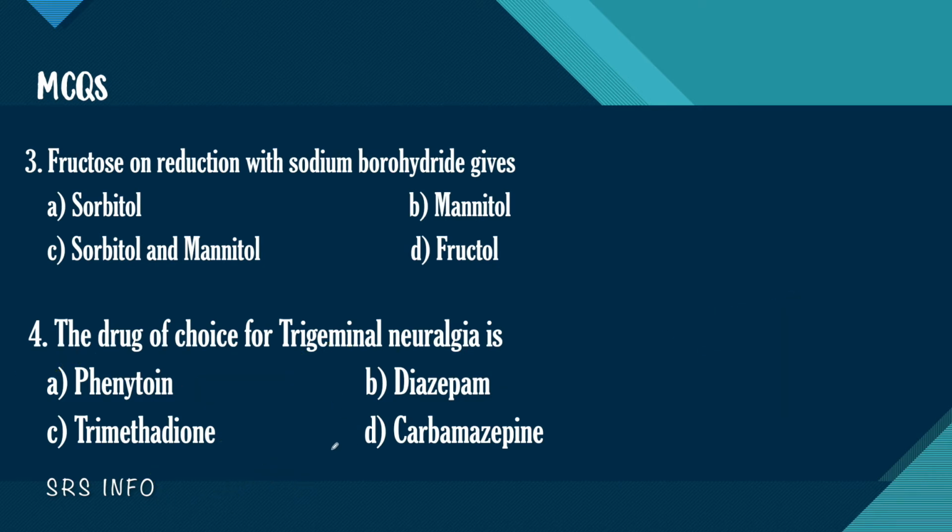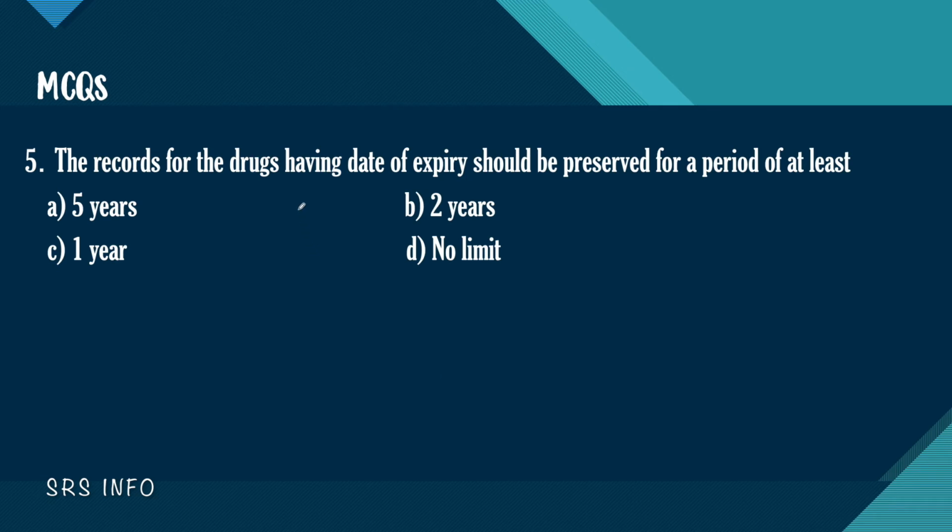So the answer to this question is carbamazepine for trigeminal neuralgia. Next, the records for the drugs having the date of expiry should be preserved for a period of at least what time? The records of all those drugs having the date of expiry should be preserved for a period of 2 years. So the answer is 2 years.